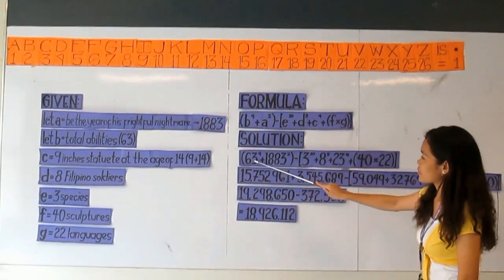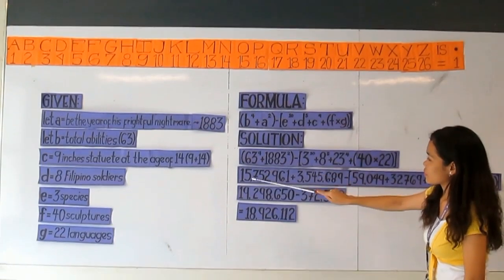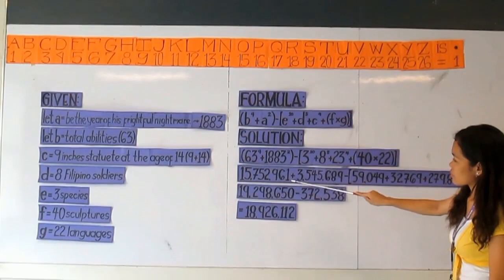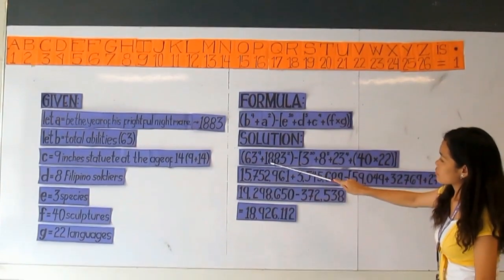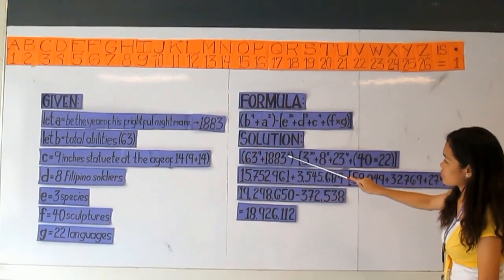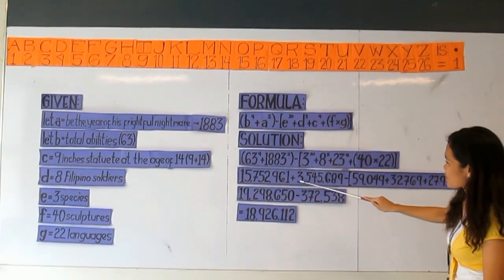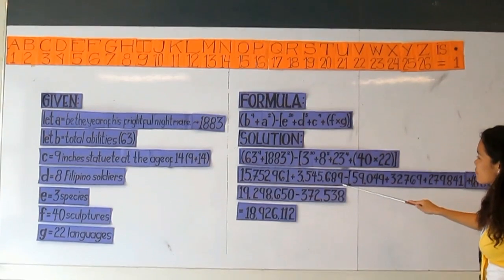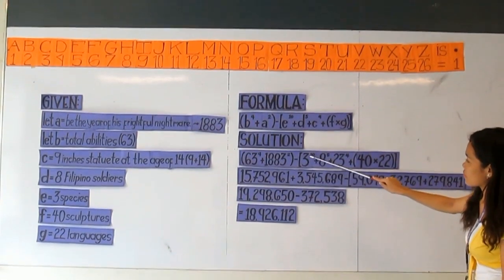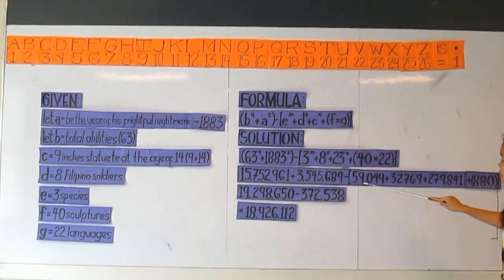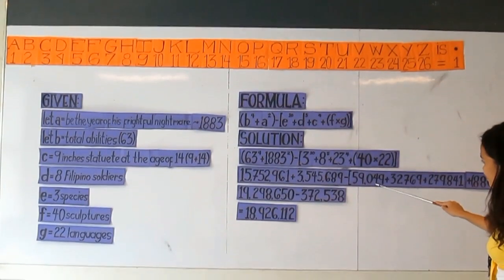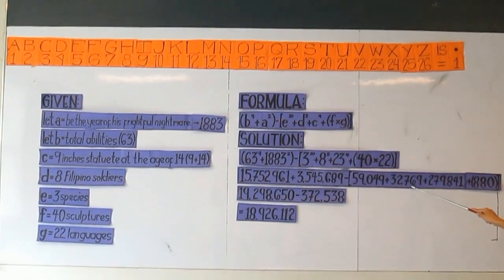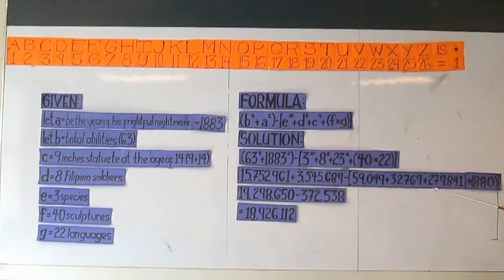So 63 raised to 4 is equal to 15,752,961 plus 1,883 raised to 3, which is equal to 3,545,689 minus 3 raised to 10, which is equal to 59,049 plus 8 raised to 5, which is 32,768.